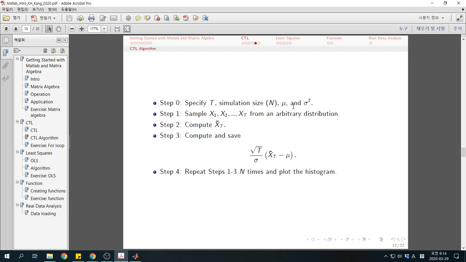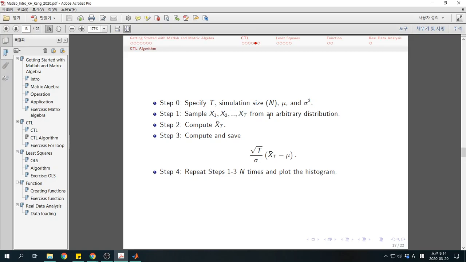Again, mu and sigma square are given, so there's no uncertainty about them, but what we don't know is the name of the distribution. Even if the mean and sigma square are the same, the distributions could be different. So given capital T, mu and sigma square, we are going to draw capital T random samples.